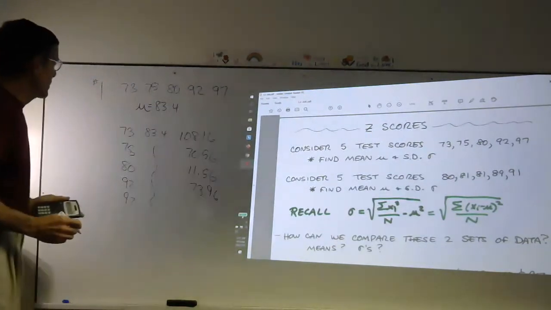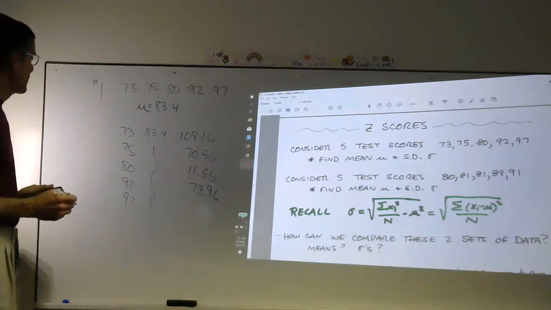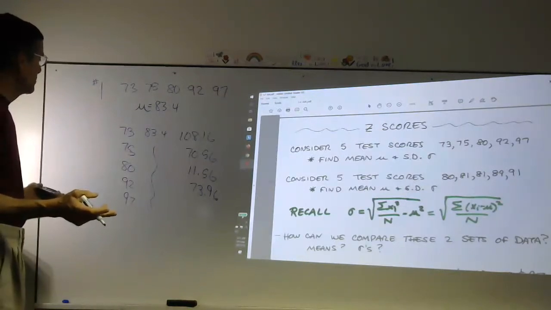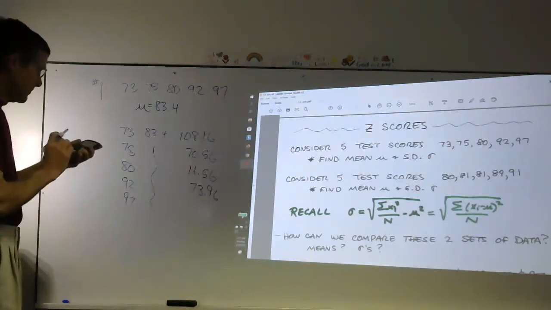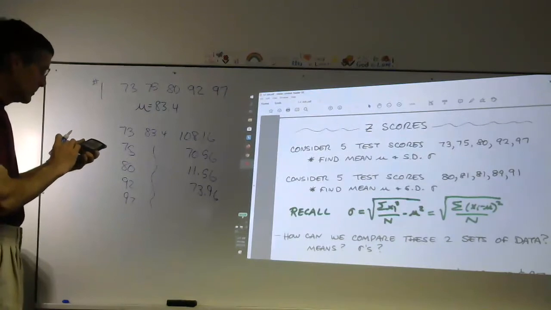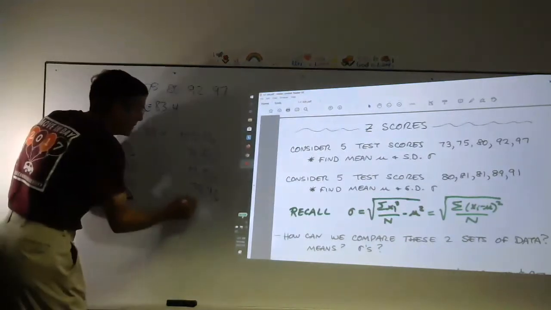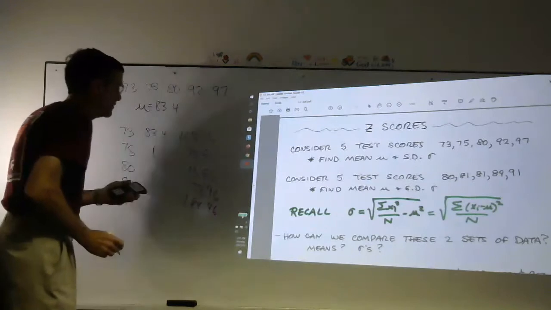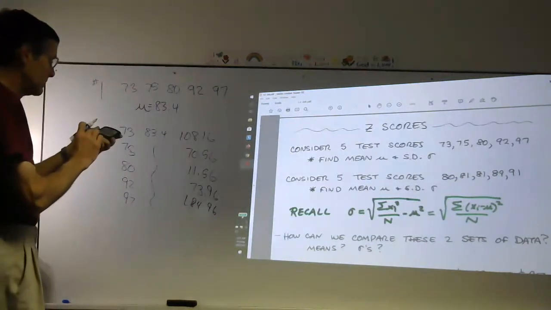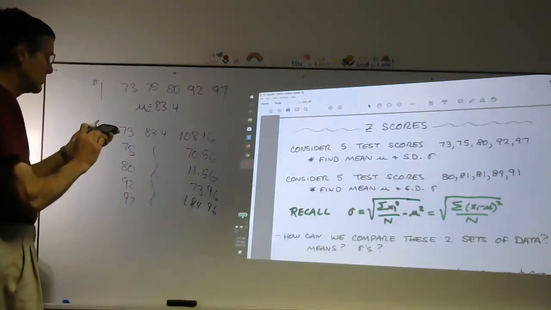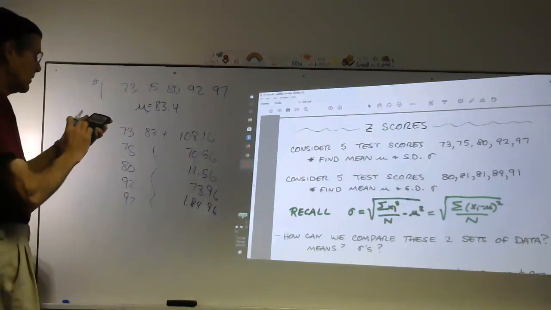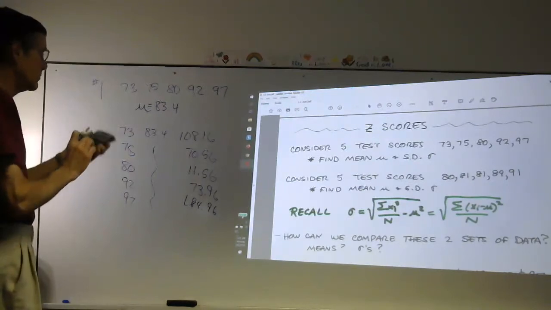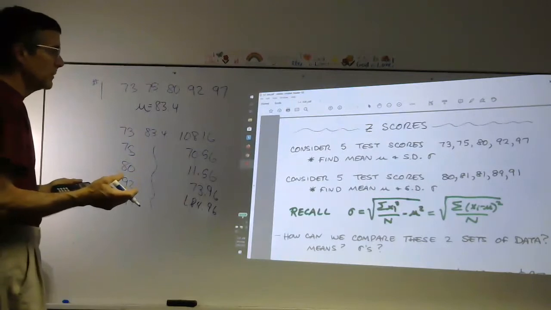And 97 minus 83.4, 97 minus 83 would be 14. So it's got to be 13.6. So 13.6 squared is 184.96. All right, so let's add these babies all up. 73.96 plus 11.56 plus 70.56 plus 108.16 equals, you get the sum of them all, okay?